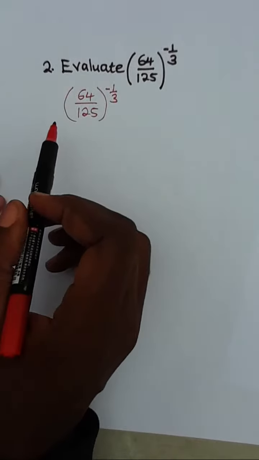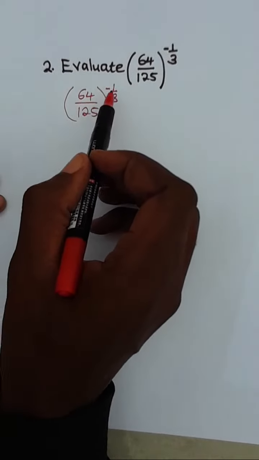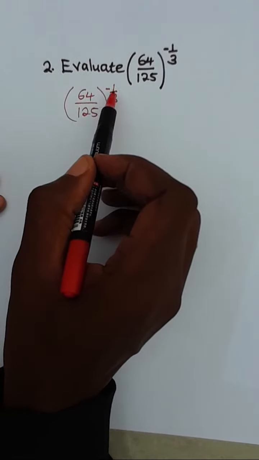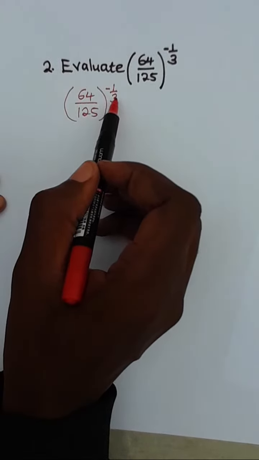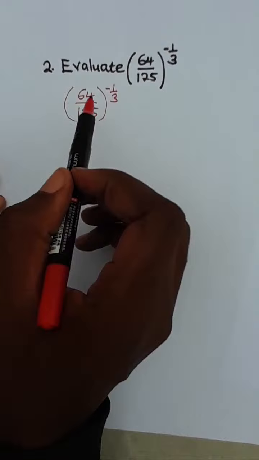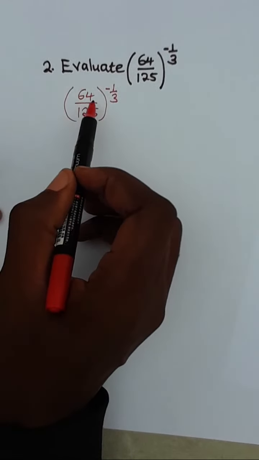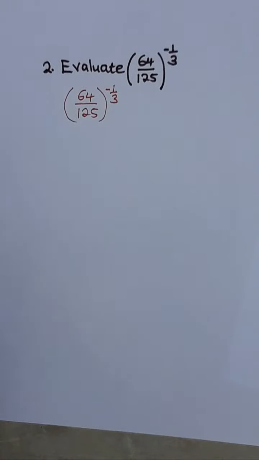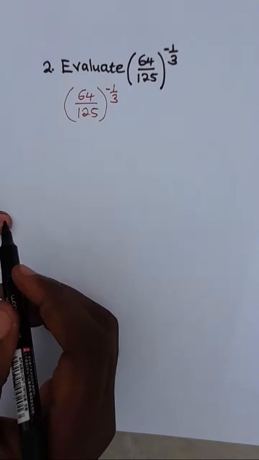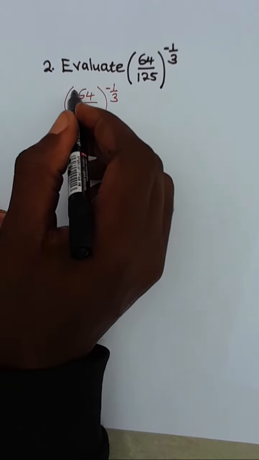For us to work out this thing that is inside, we need to take note that this thing has been raised to the power negative 1/3. Whenever something has been raised to a negative power, first of all, we need to change the power into positive. We do that by swapping the denominator with the numerator.